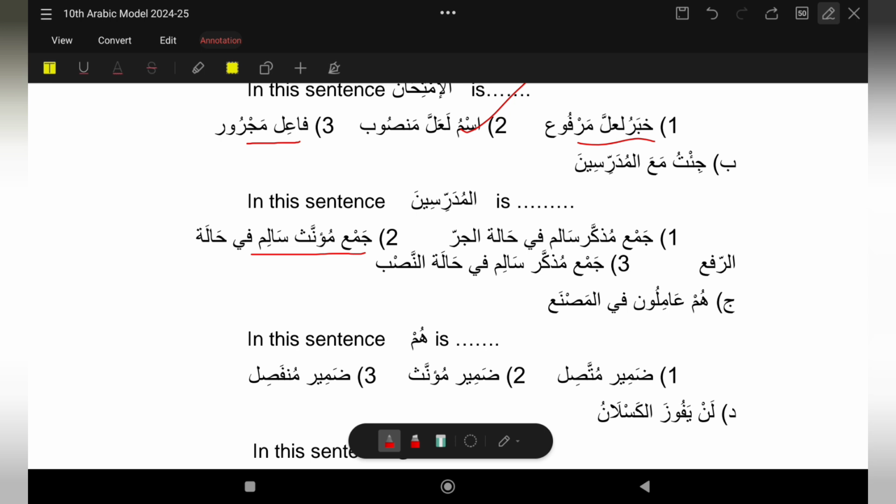So you can understand that it is not جمع مؤنث سالم. So it's جمع مذكر سالم, in حالة الجر or في حالة النصب. So you can understand that it is in حالة الجر, because when a word comes after مع, it should be majroor. That is a rule.